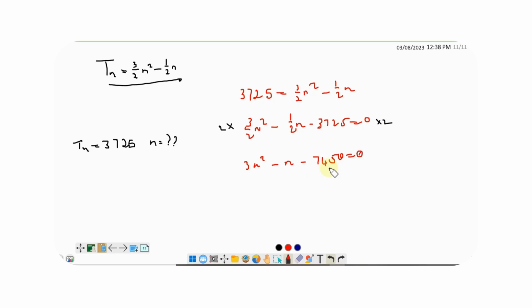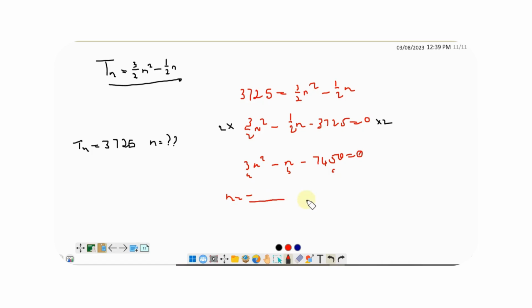Look, if you cannot simplify it from here, you can use the quadratic formula. n equals minus b, plus or minus the square root of b squared minus 4ac, over 2a, where a is 3, b is negative 1 and c is negative 7450.